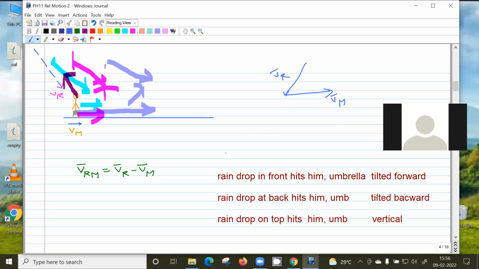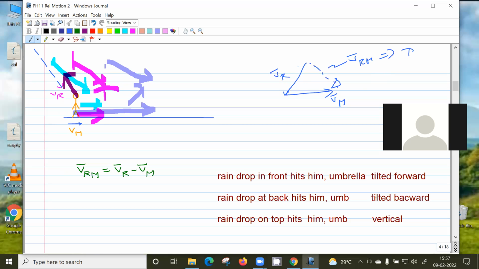So the velocity of rain with respect to man is velocity of rain minus velocity of man. So it is this one. This is the relative velocity, and the direction of the umbrella depends on this relative velocity. This will decide the direction of the umbrella. Is that clear?